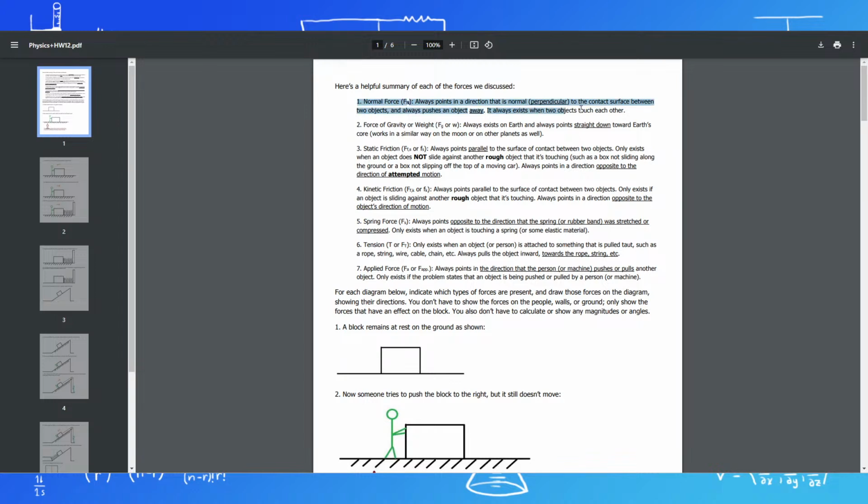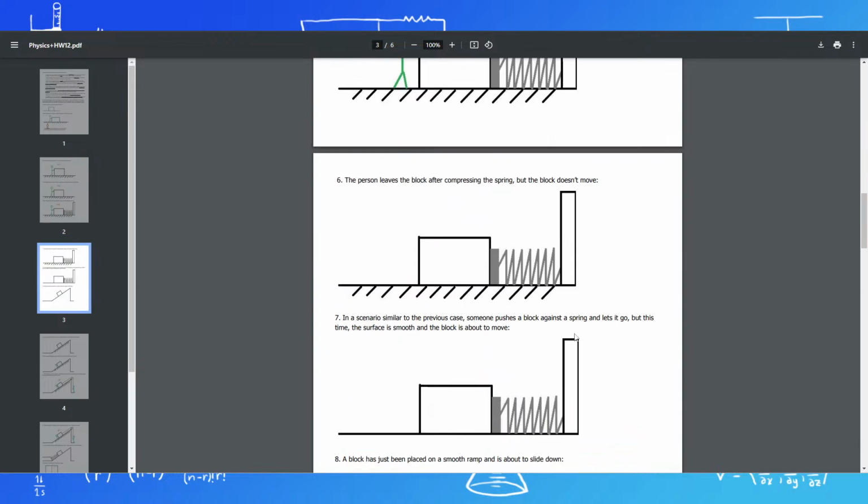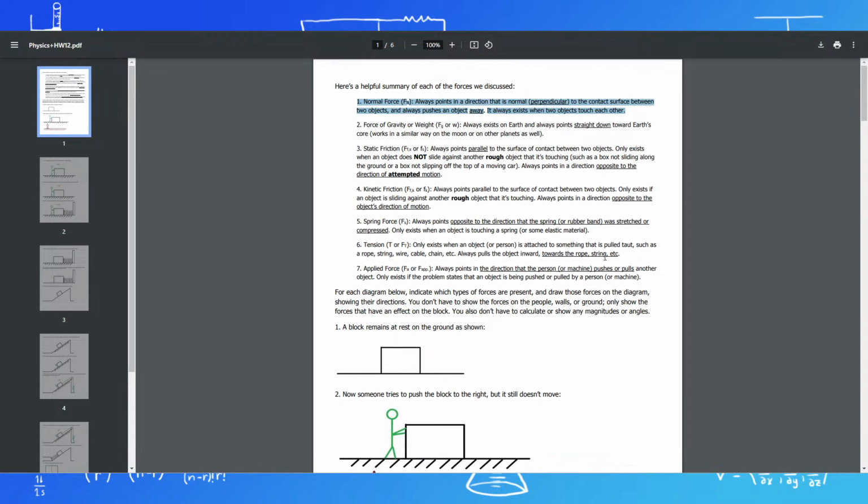So in order to do force problems successfully, I find that it's more helpful to first practice identifying which forces are present and make sure you get your force diagram right. So this whole worksheet, no actual calculation is needed here.